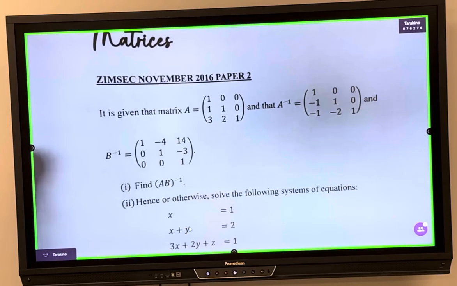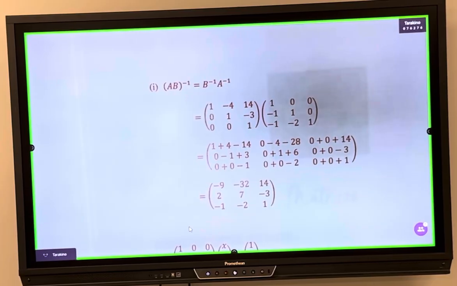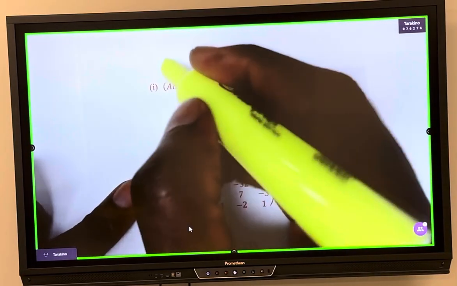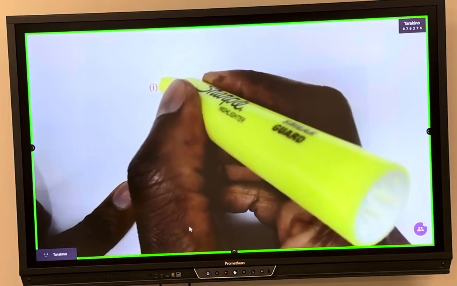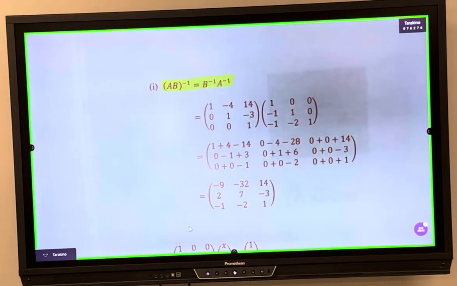So on the first part, guys, remember this rule. You need to know this property that if you want to find (AB) inverse, it is the same as saying B inverse A inverse.